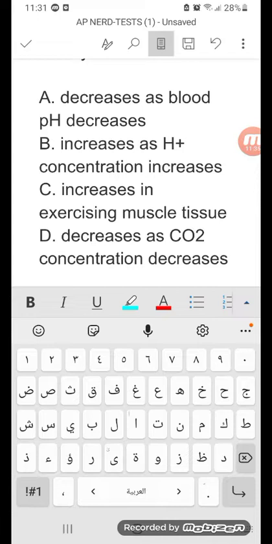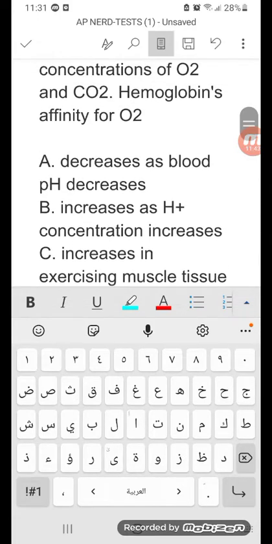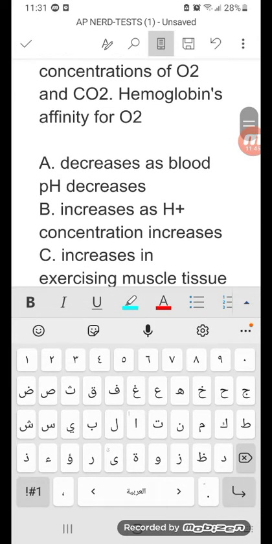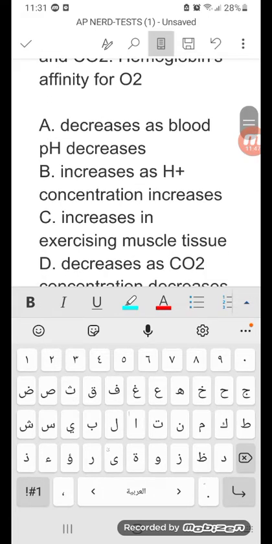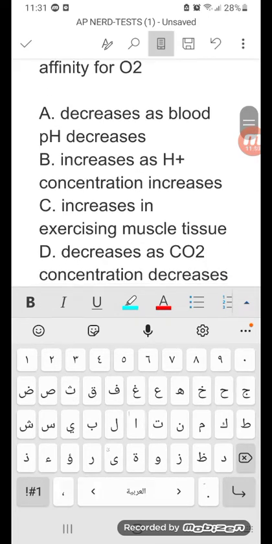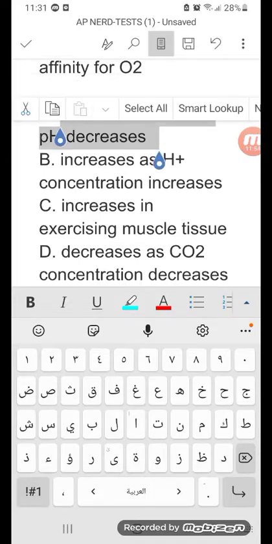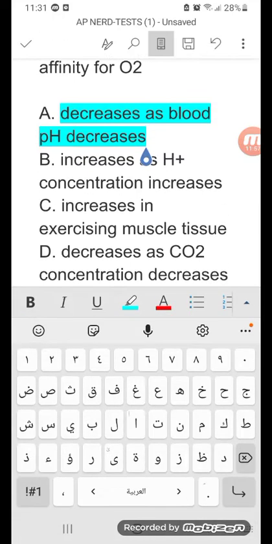It decreases as blood pH decreases, meaning when blood becomes acidic, hemoglobin affinity to the oxygen decreases. Why? Because we need to release more oxygen. And when does blood become acidic? When we have higher concentration of CO2. So higher concentration of CO2 will cause acidity in the blood, which means now it's time for the oxygen to be released readily.